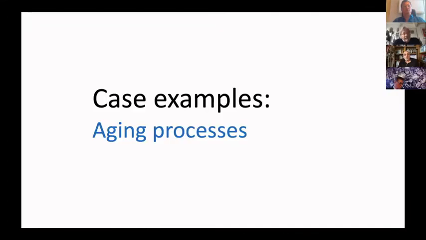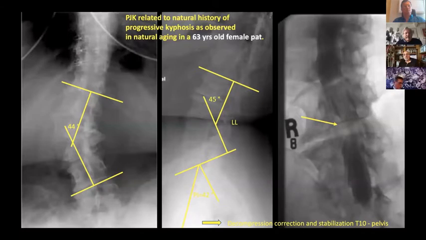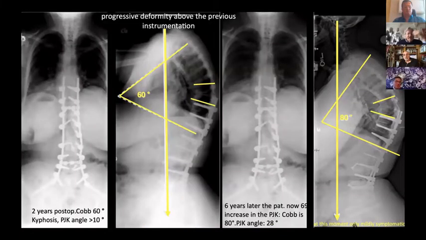Another example, where an aging process is happening here. This is a 63 years old patient with a type 1 de novo scoliosis, who ended up with a spinal stenosis and needed surgery. This is the surgery that has been done.